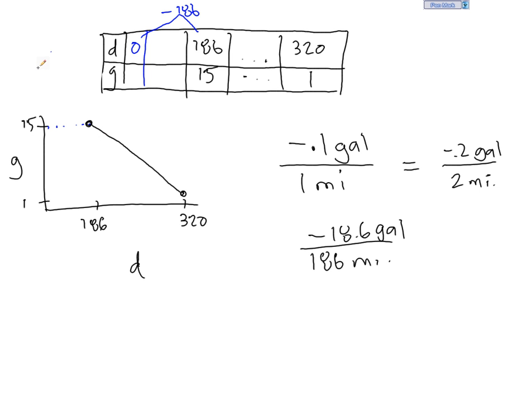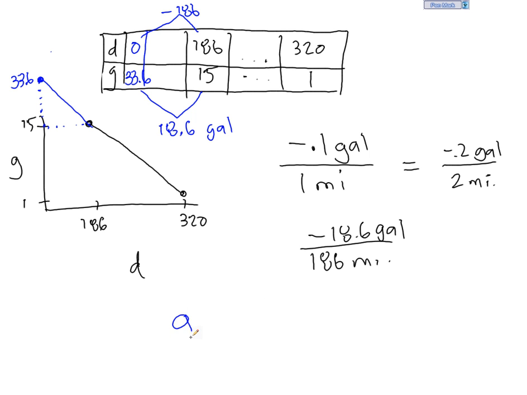If I rewind my distance, then I should gain my gallons of gas back. So that means if I undo 186 miles, I should gain 18.6 gallons back. So 15 add 18.6 back would put me at, well, what would that be? 33.6.